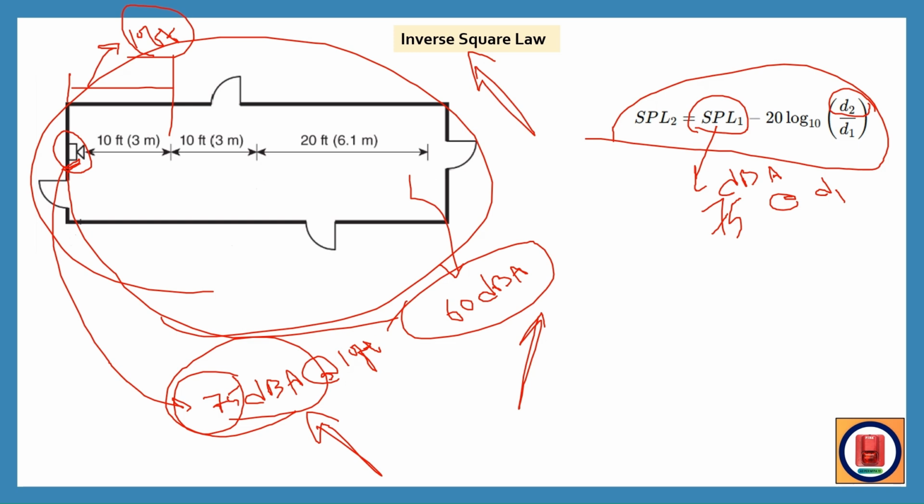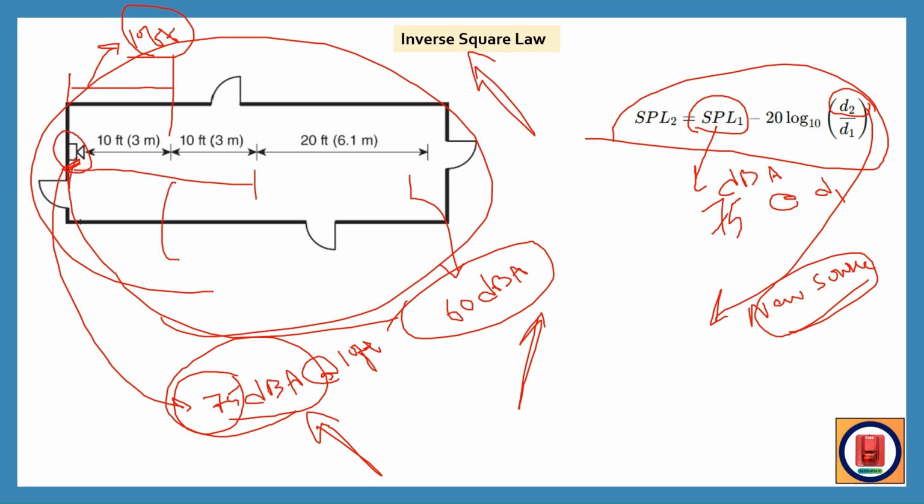D2 is nothing but the new distance from the source. Please make a note of it. So many students are confused with this particular concept. So D2 will be from the source. So this will be D2. I'm just writing on left hand side of your screen.